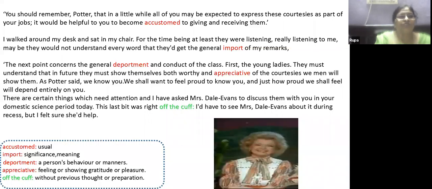"You should remember, Potter, that in a short while all of you may be expected to express these courtesies as part of your jobs. It would be helpful to you to become accustomed to giving and receiving them." Okay, now what is the sir telling?